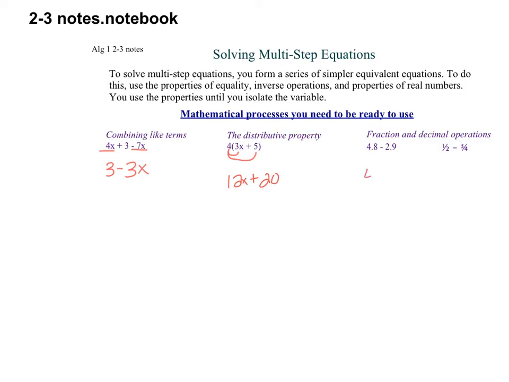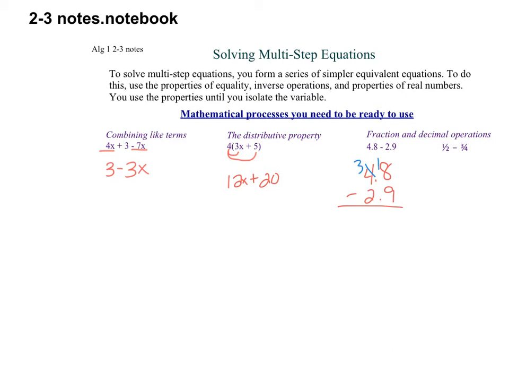In the next one, we need to be comfortable using fractions and decimals. This is easy to do without a calculator. Trust me, you can do it. You can think about this as though it is 48 minus 29, but it is 4.8 minus 2.9. Remember that we can borrow from here. We'll turn that into a 3, and then this will become an 18.